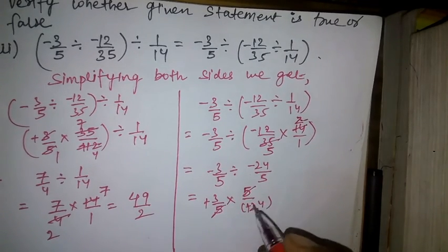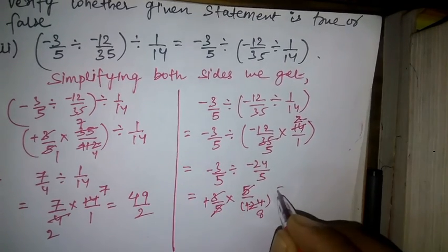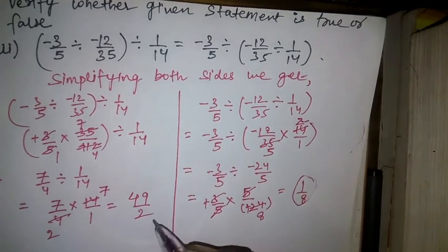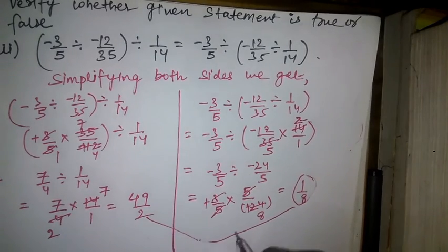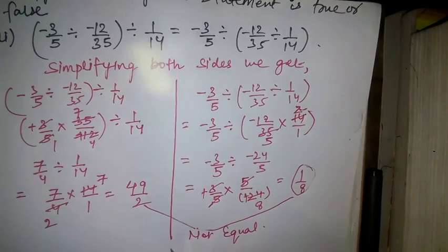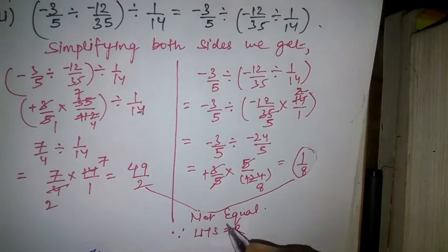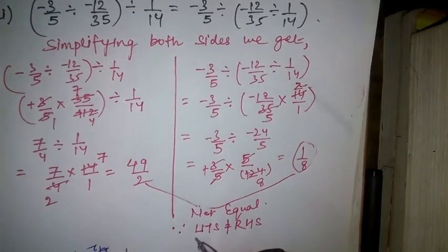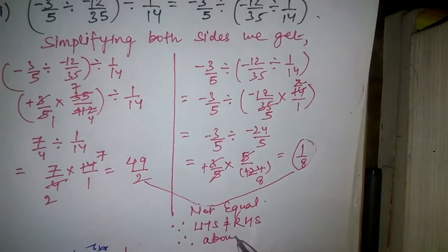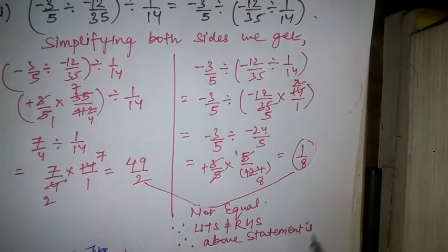Cancelling 5 and 5. In RHS side we get 1 upon 8. Since we can see that LHS is not equal to RHS, therefore the above statement is false.